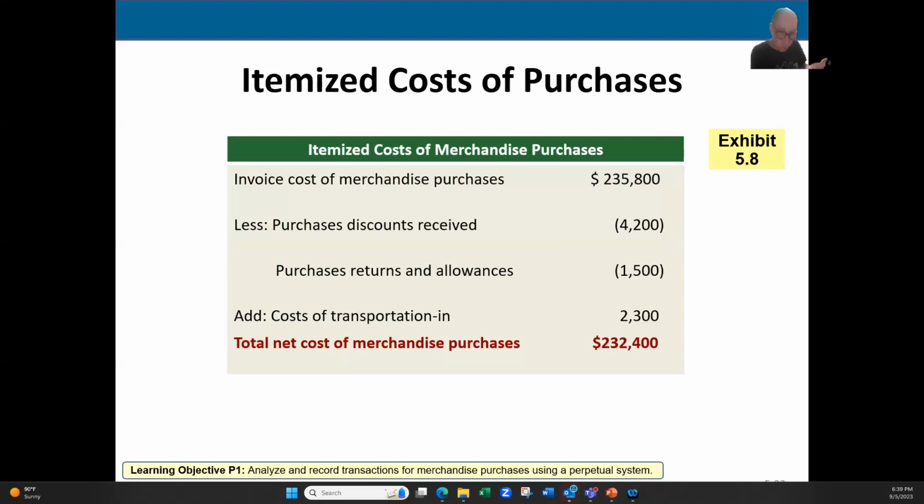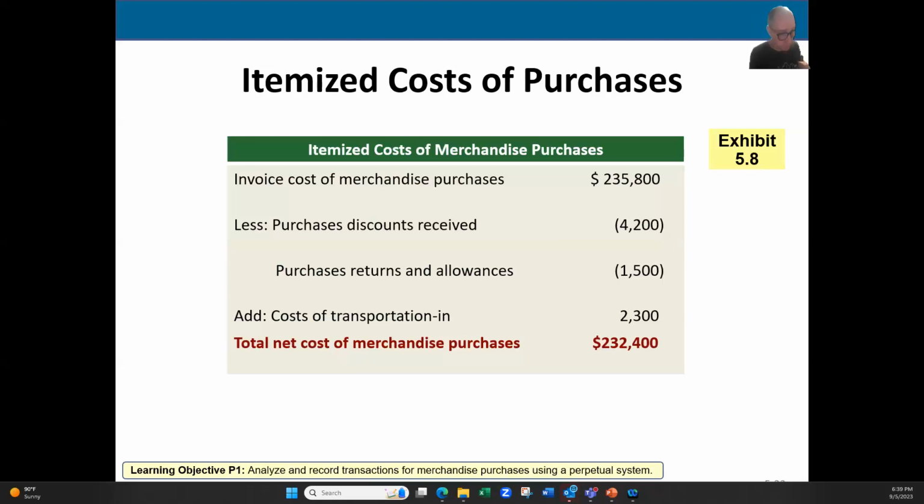We received discounts because we paid early. So minus $4,200 in discounts. We also had a situation where we had to send some stuff back. It wasn't good, it was defective, didn't fit right, whatever. Minus $1,500 for returns and allowances.